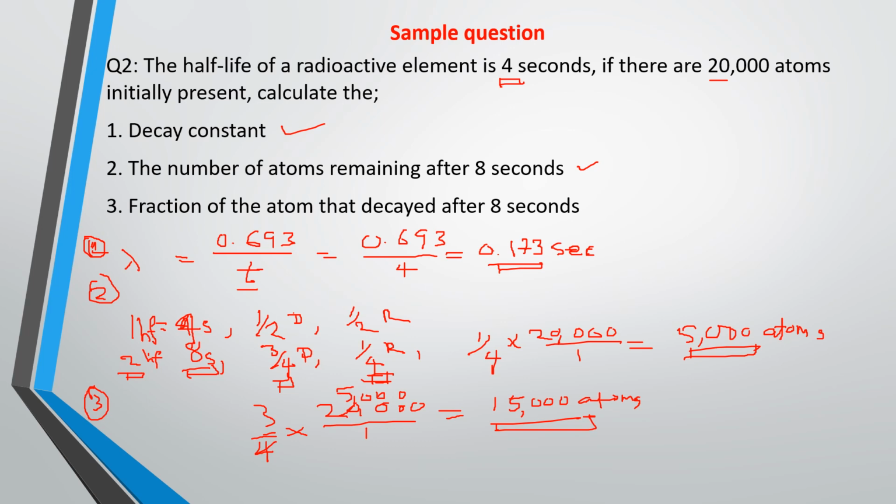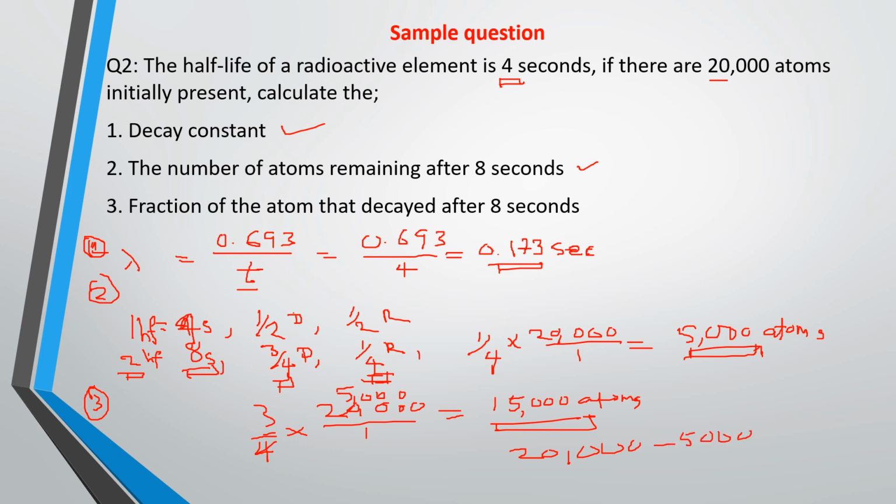It would also have been possible for you to solve this second part by saying that if 5,000 atoms remain after 8 seconds, then the amount that will have decayed is 20,000 minus 5,000.